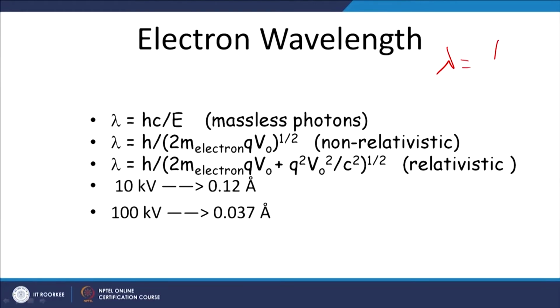We have learned that this de Broglie wavelength lambda is equal to h by p, where h is Planck's constant and p is the momentum of the particle.